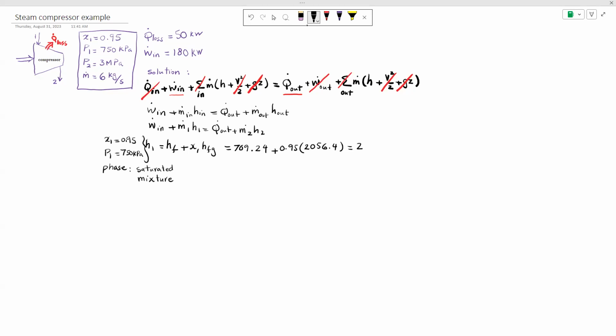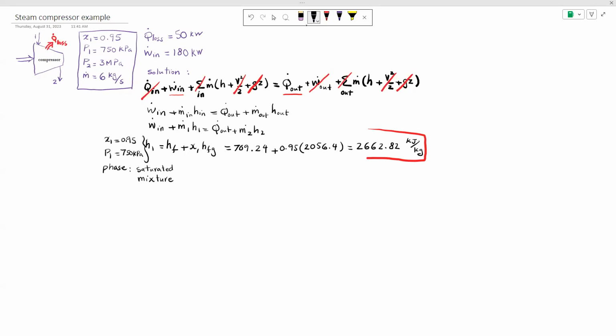And the answer for H1 is 2662.82, and the unit is kilojoules per kilogram. So we determined H1, which is an important step.